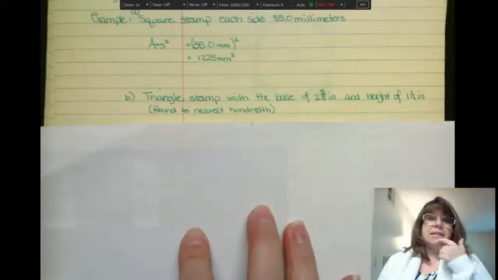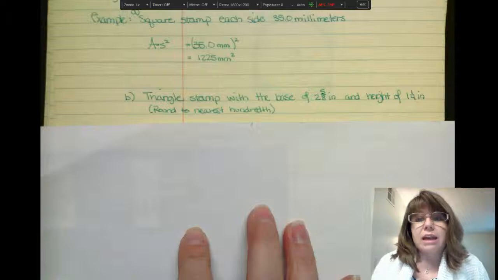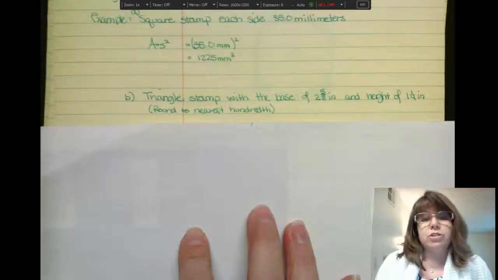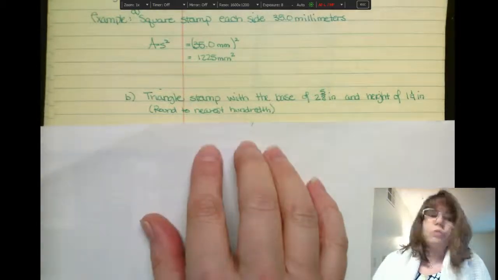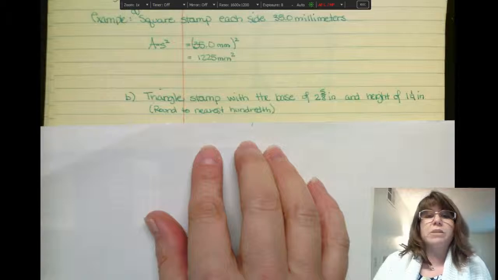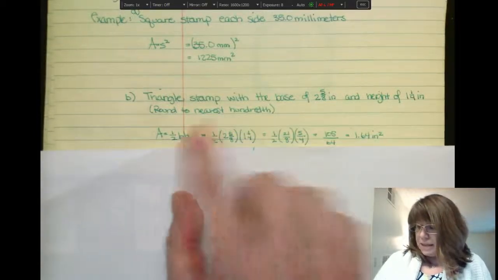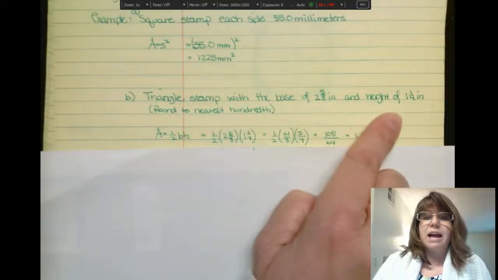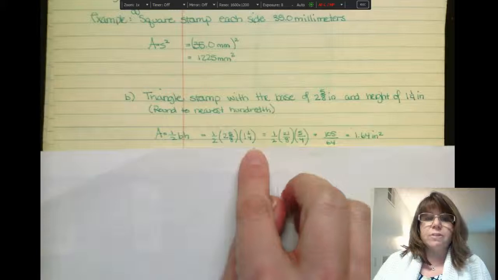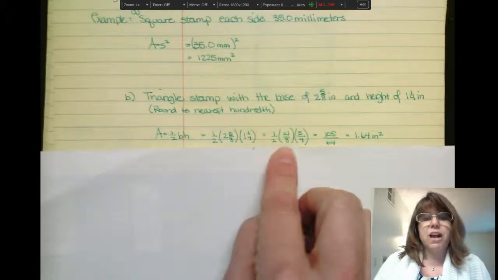Now let's consider a stamp in the shape of a triangle. The base is 2 5/8 inches and the height is 1 1/4 inch. Let's round this to the nearest hundredth, so we don't want fractions, we want decimals in the end. I know my area for a triangle is 1/2 base times height. So I'm going to convert my mixed numbers into improper fractions.